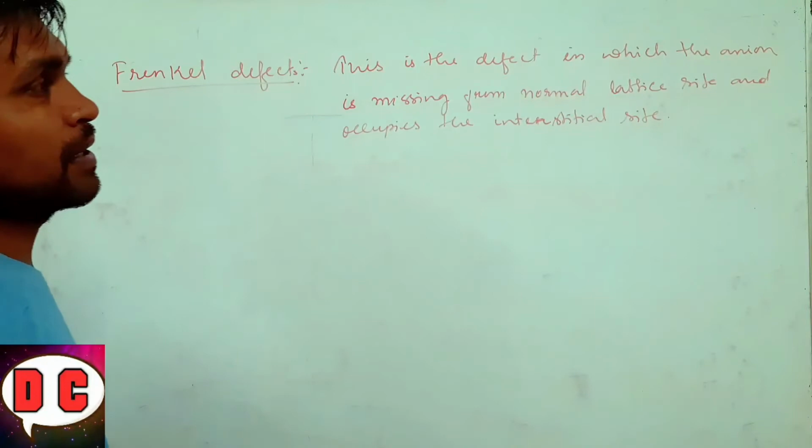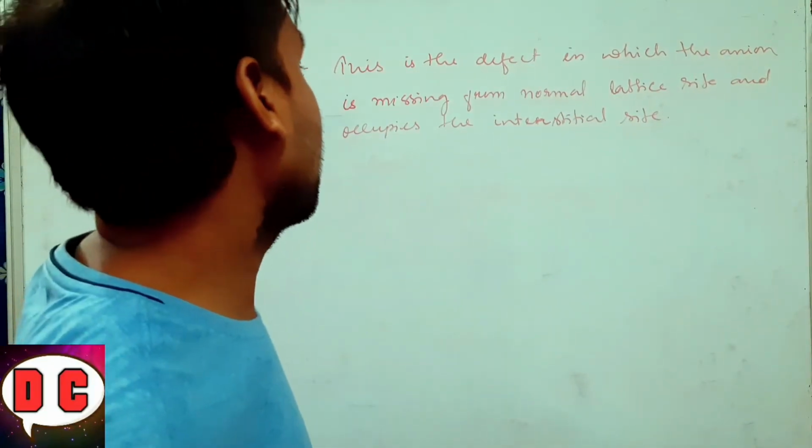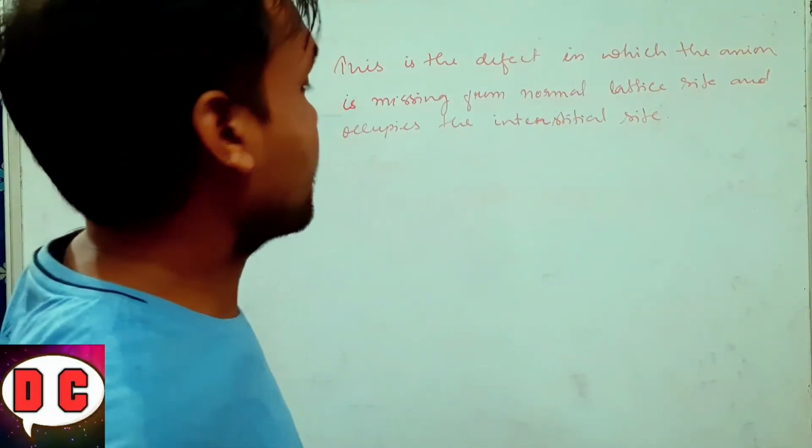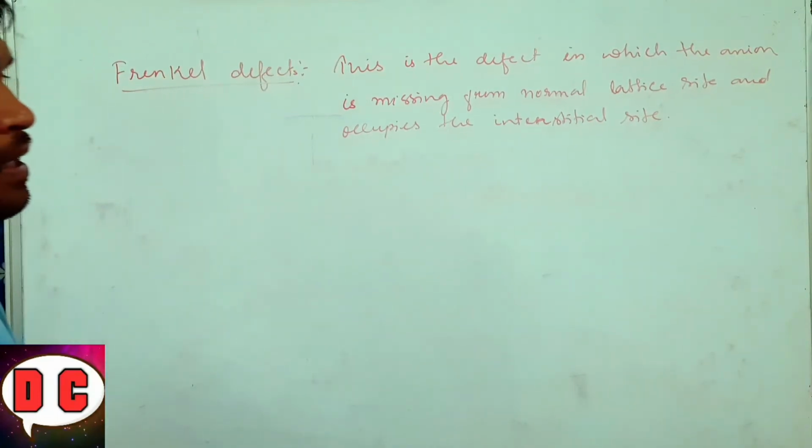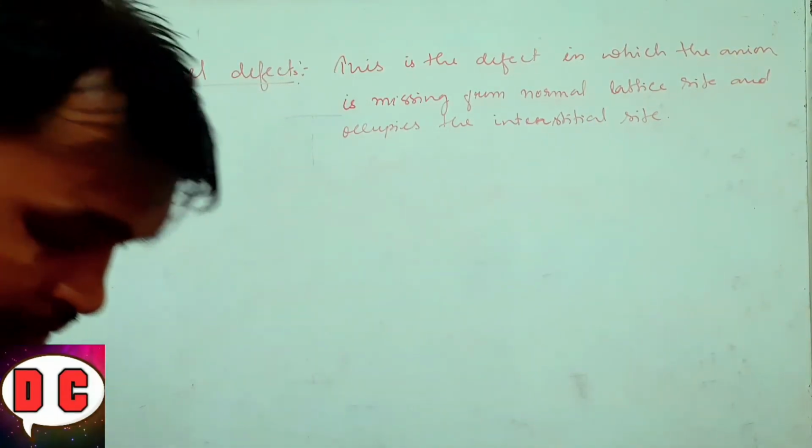So this is the defect in which the anion is missing from the normal lattice site and occupies the interstitial site. Got it?